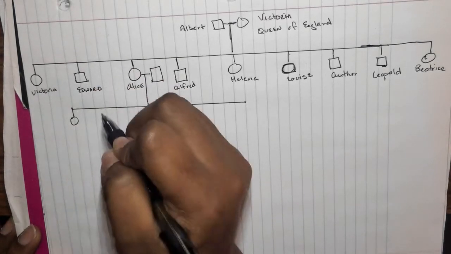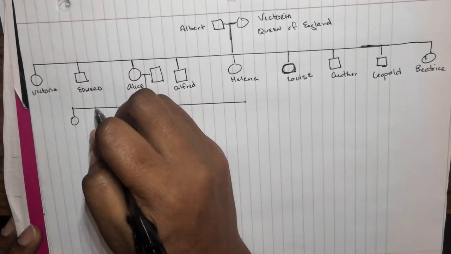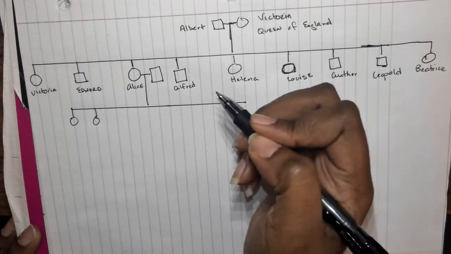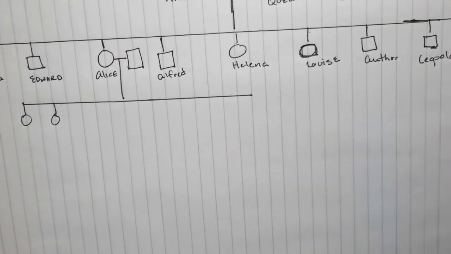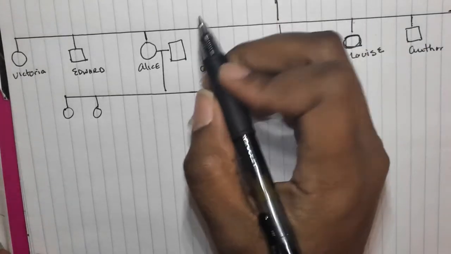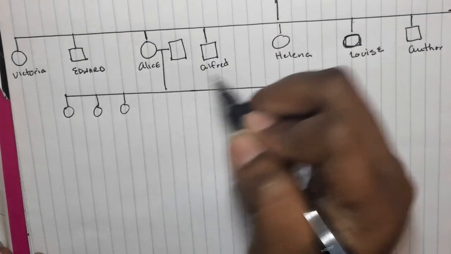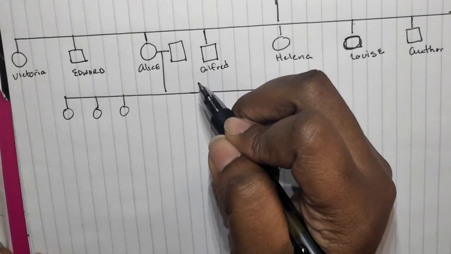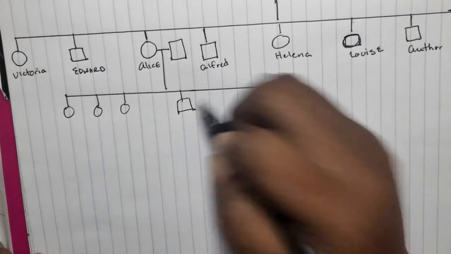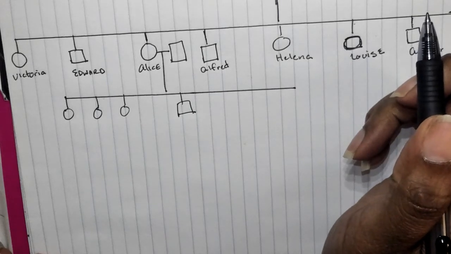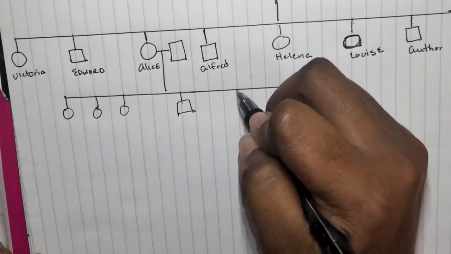I'm not going through all the names of her kids because who cares? Okay, so we got 2. Those are girls. And here's another girl. Okay, and I've got a boy. Okay, then I've got a girl.